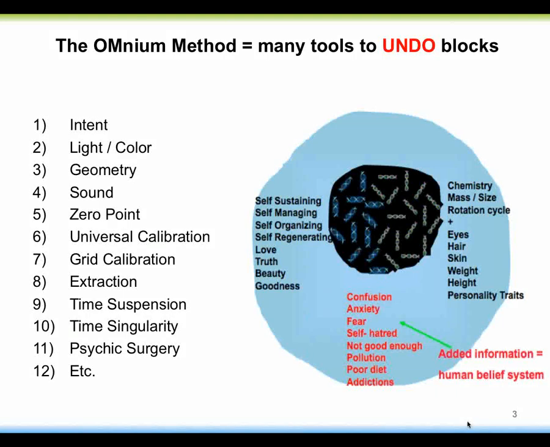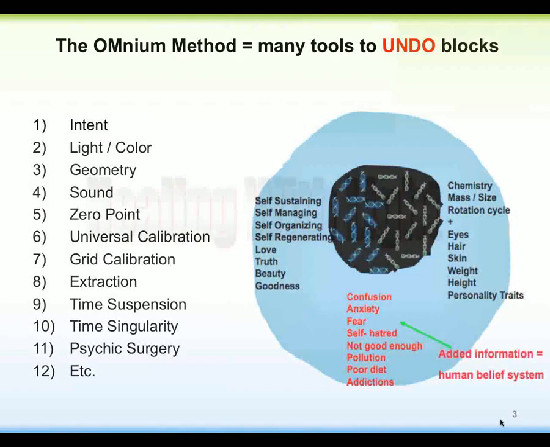So today we're going to go to working with light, and we will begin to incorporate light and intent, and then as we continue to add more, you will begin mixing them until you get used to basically using all of them.